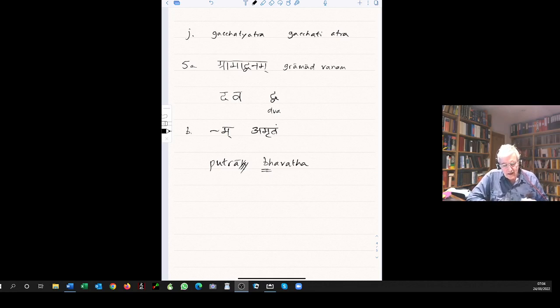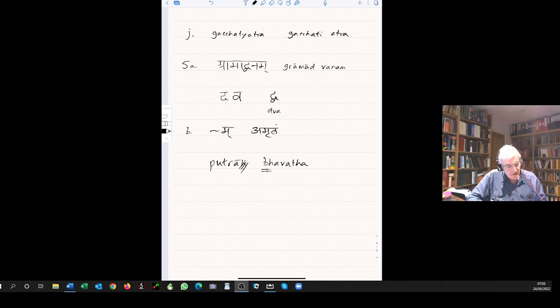E. Katham acharyah suktani smaranti. So katham, how. Acharyah, the teachers. Suktani, the hymns or the verses. Smaranti, how do they remember them? So smaranti, they remember. Suktani smaranti, they remember the suktas.